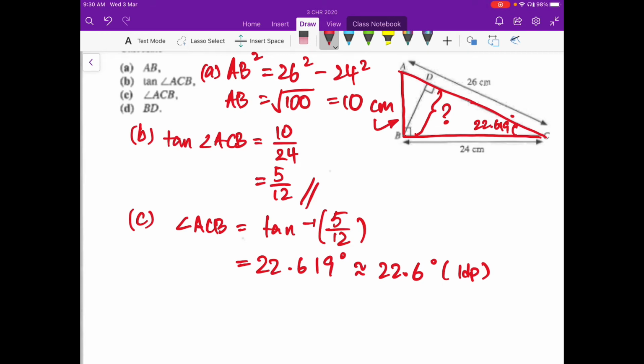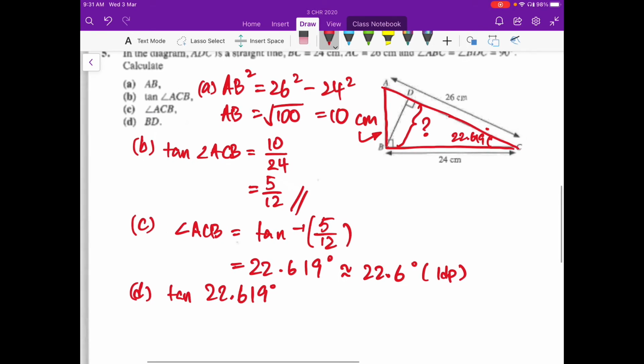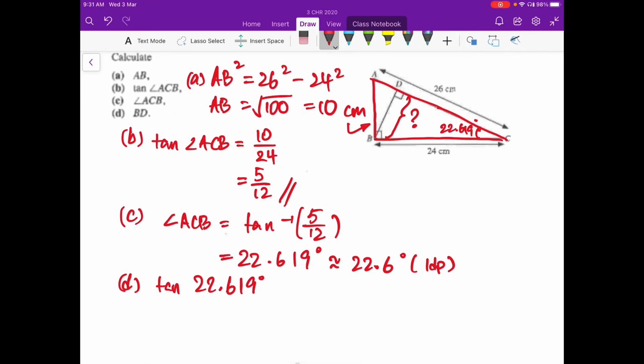Tangent 22.6, okay. So part D. Tangent 22.619 or 22.619? Okay, because you want to use the more precise value, more dp is better. Okay, yes. What about tangent 22.619 equal to? Okay, opposite over adjacent again.